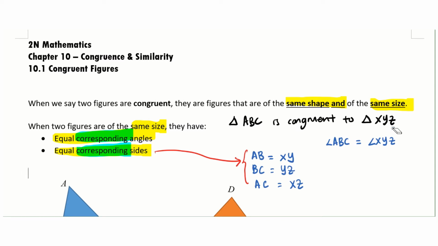I can also say that angle BAC, so I went in this sequence B, A, then C, so I will also go in the same sequence Y, X, then Z, so angle YXZ.